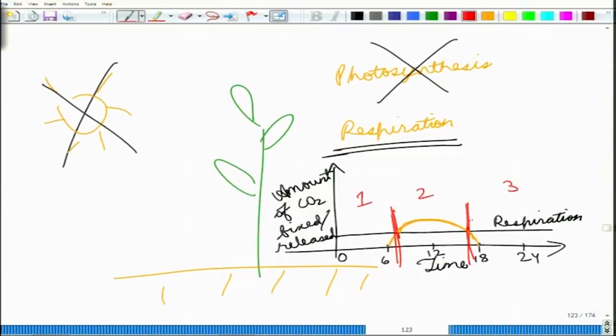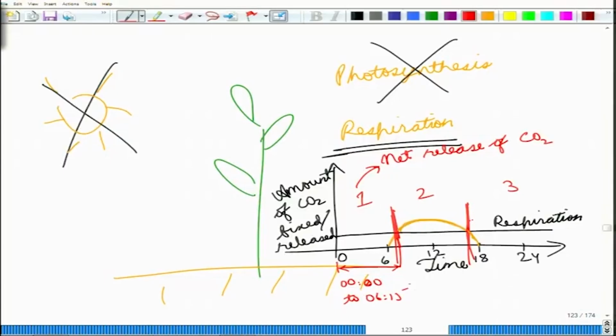In the first region, from 0 hours till say around 6:15, here we have a time where the carbon dioxide that is released because of respiration is greater than the carbon dioxide that is getting fixed by the process of photosynthesis. So, here we have a net release of carbon dioxide.